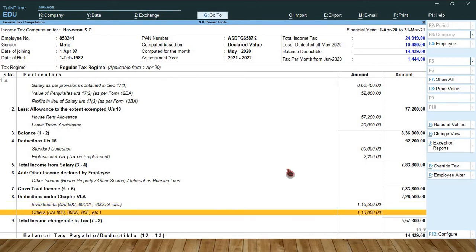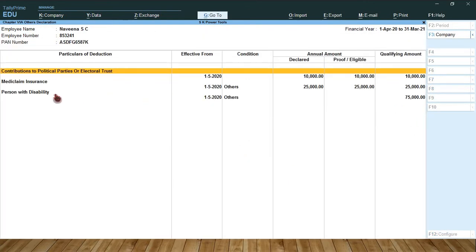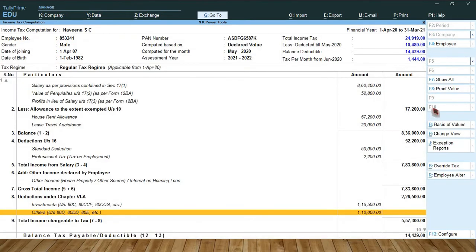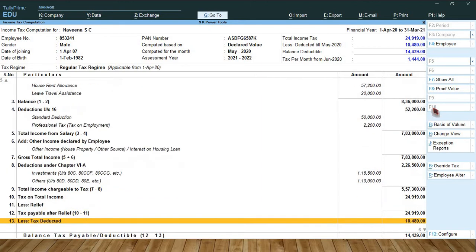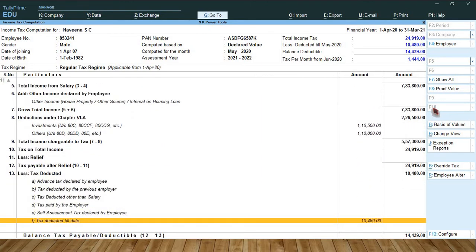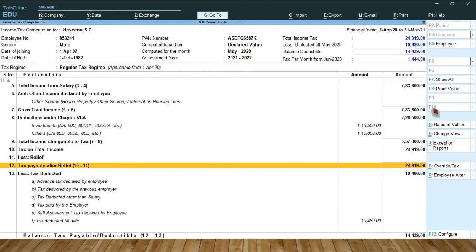So other investment: mediclaim insurance 10,000, person with disability 75,000, and contribution to political parties 10,000, total 1,10,000. So this is the deduction. So net total income tax 24,999.